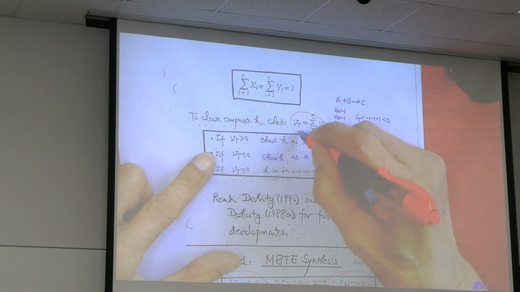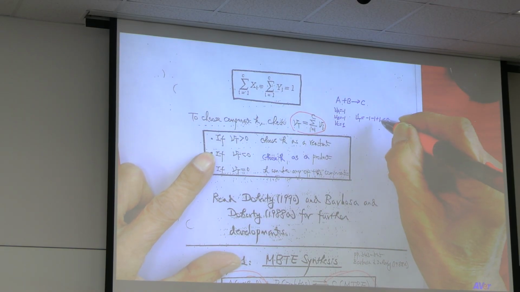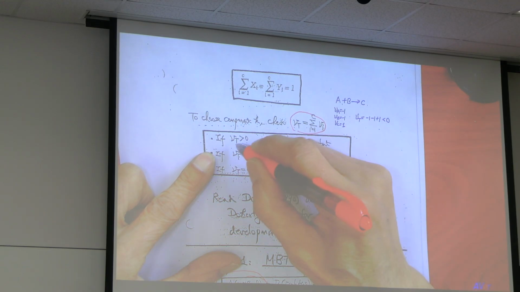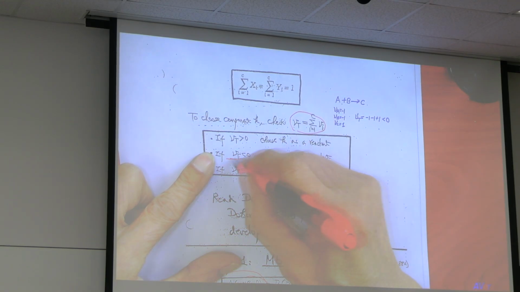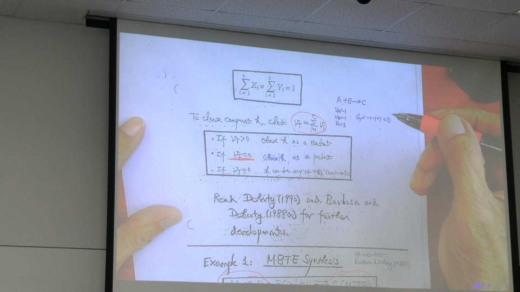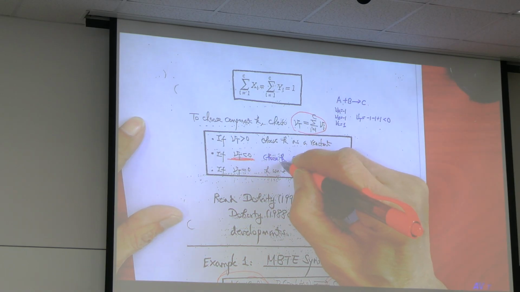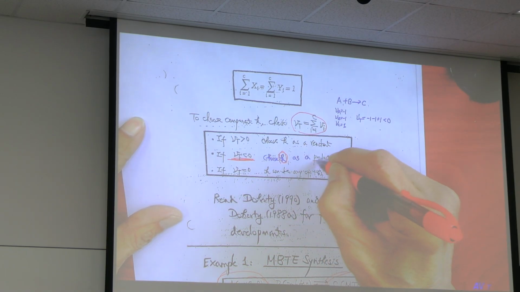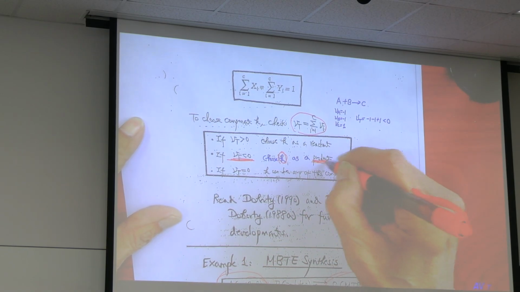If the summation here is minus 1, less than 0, you can choose the reference component K as a product, in this case MTBE.